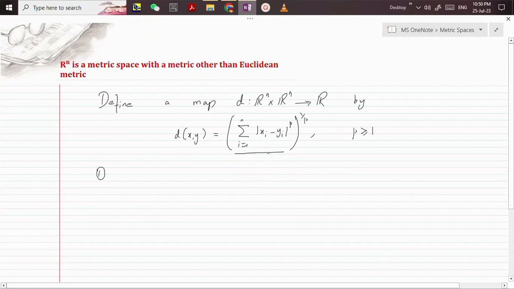So when we take the power 1 by p, the pth root of this value, we also get a non-negative real number, a number which is greater than or equal to 0. So it can be seen that D of xy is greater than or equal to 0.